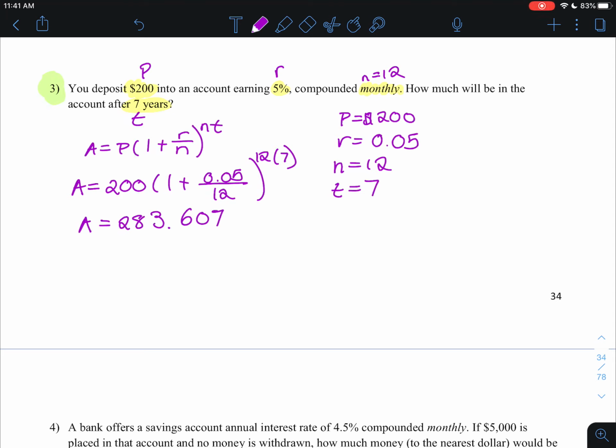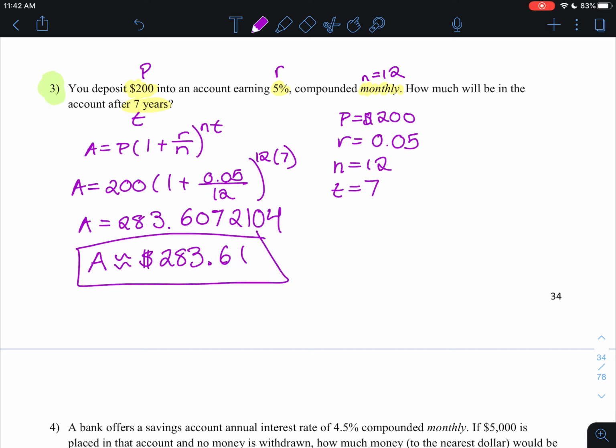So when you solve, you should get A is equal to 283.6072104. And again, we have to round to the second decimal place, to the 100th place. So you'll get that the end amount is about $283.61. And that's all we have to do for number 3.